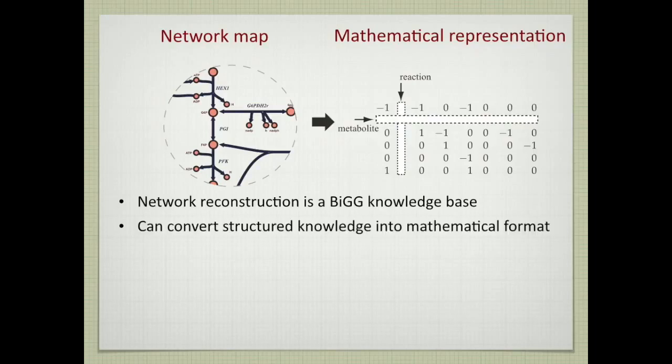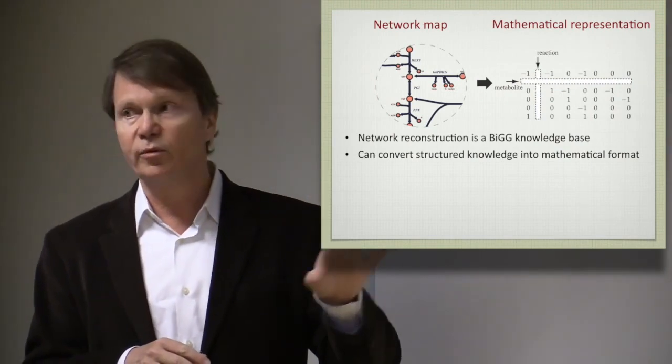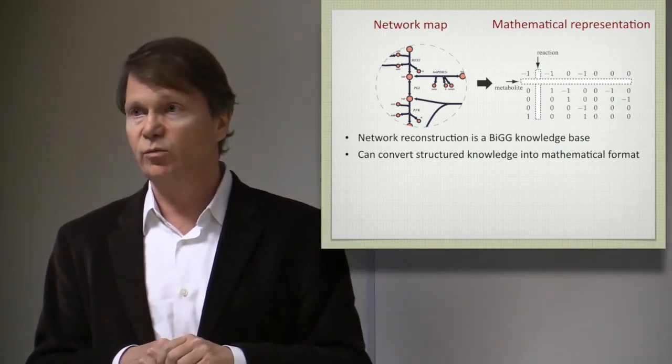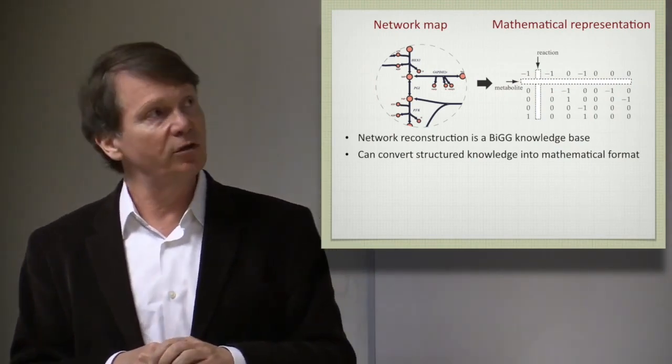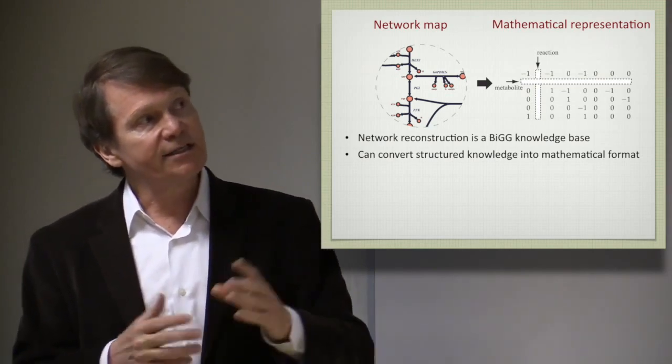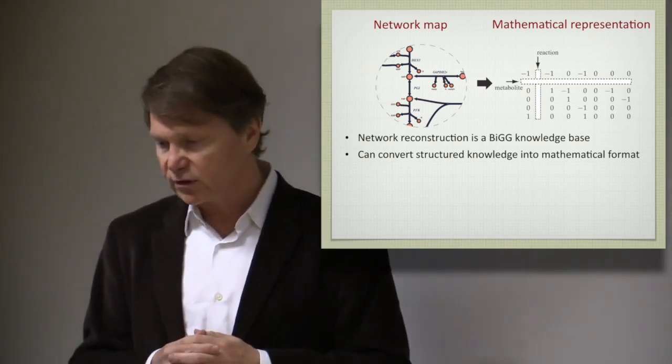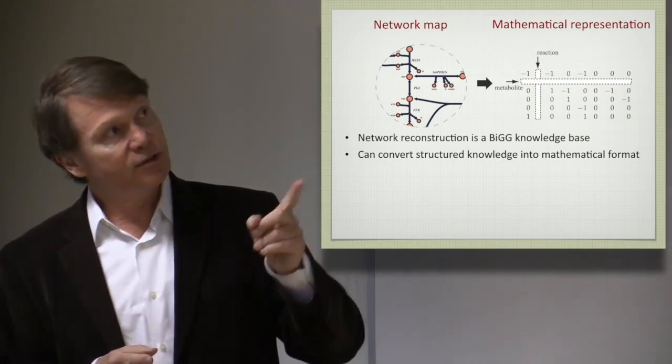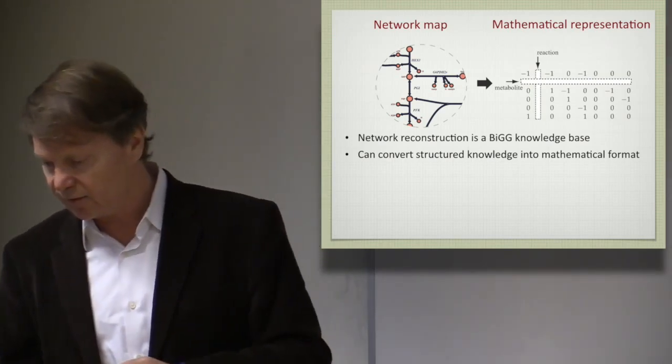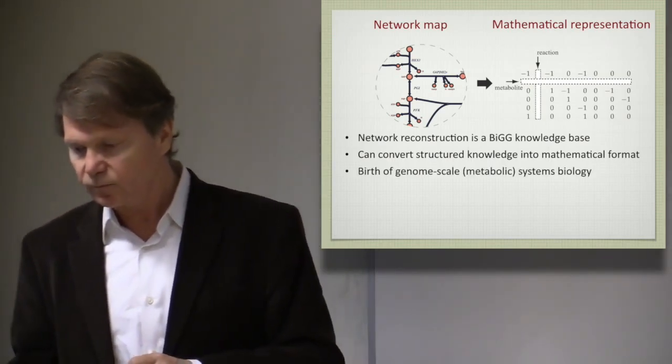And what's extremely important is that we can now take all that knowledge and code it up mathematically. One example is shown on this slide, which is a table of stoichiometric coefficients. I'll talk much more about this later in this lecture and throughout the class. It's an assembly of all the stoichiometric coefficients that represent those chemical transformations that we have assembled.